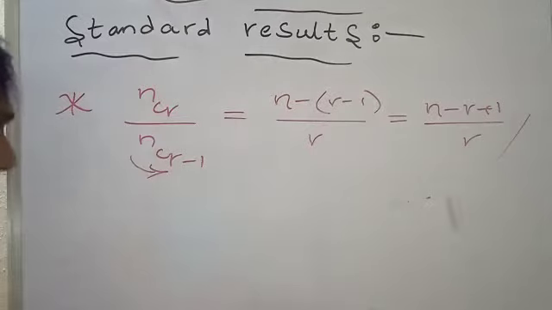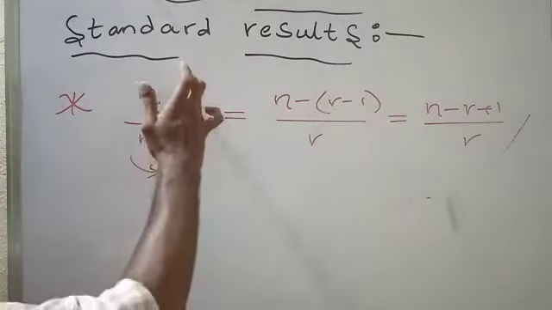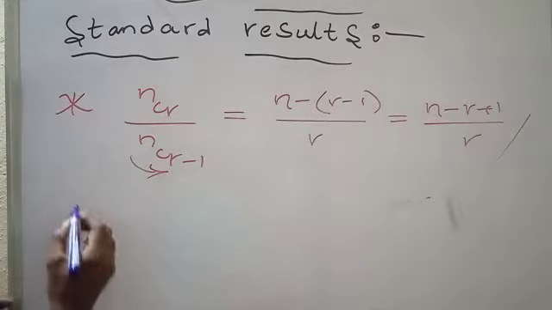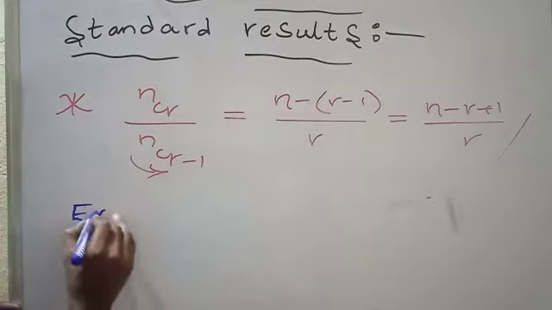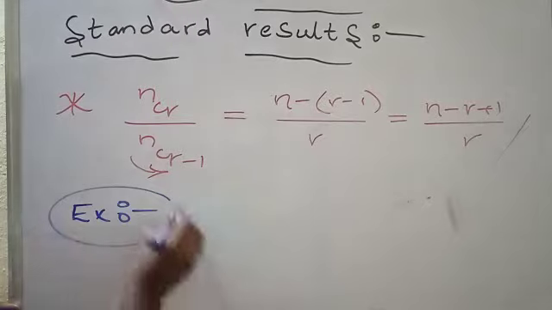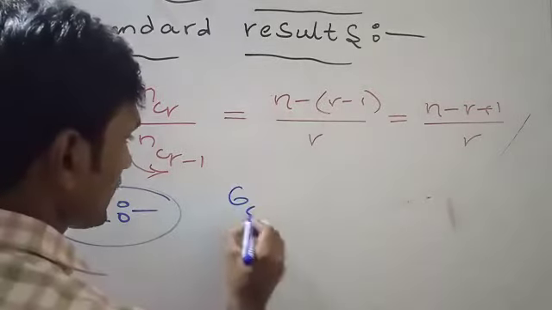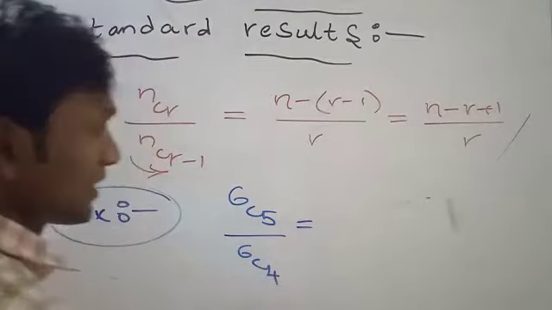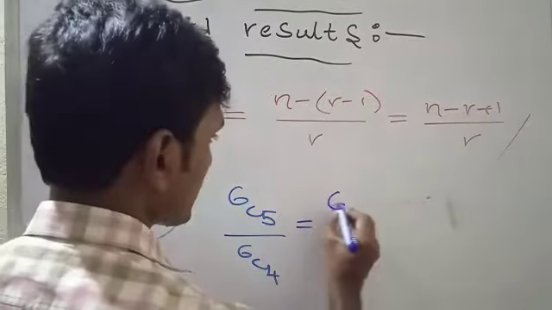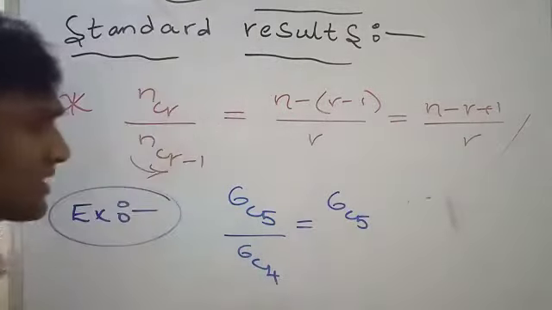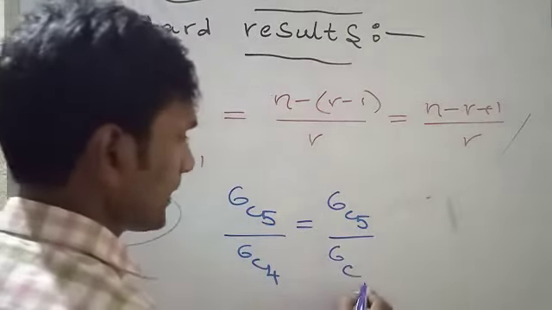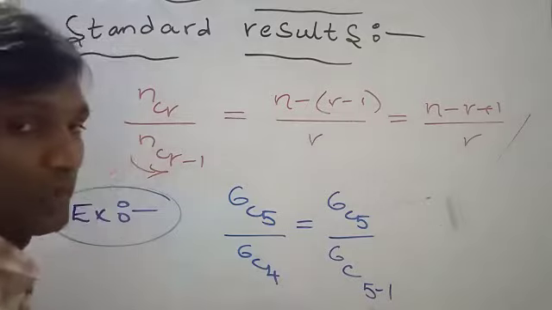To understand the standard result of nCr by nC(r-1), take another example like this. The given example is 6C5 divided by 6C4. Write 6C5 as the same, and 6C4, 4 means it is 5 minus 1.